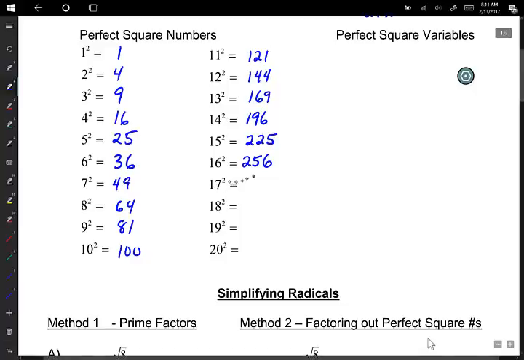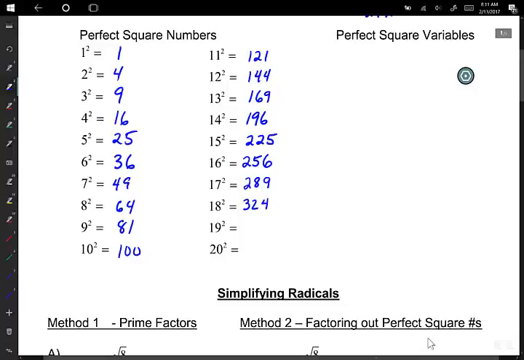What is 7 times 4? 28. What is 7 squared? 49, so it is 289. What is 8 times 4? 32. What is 8 squared? 64. So it ends in a 4, so it's 324.